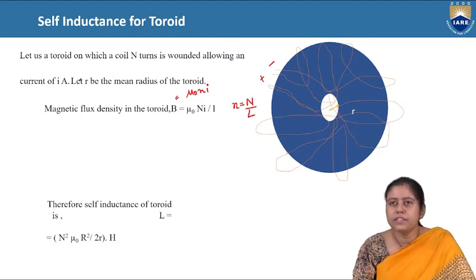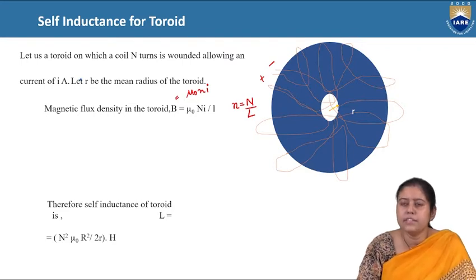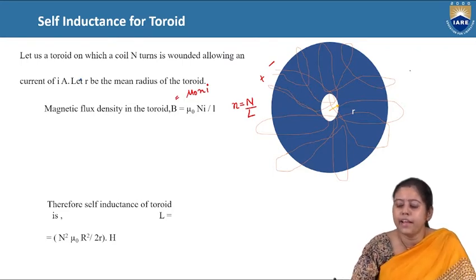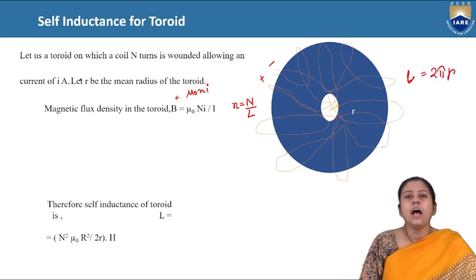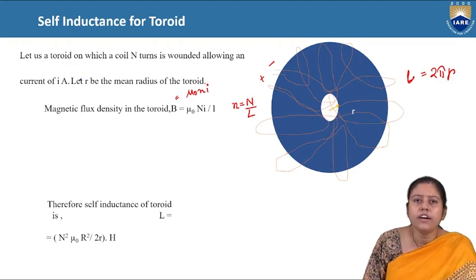If this is the mean radius R, what is the mean length? The mean length l is equal to 2 pi R, the perimeter of a circle.